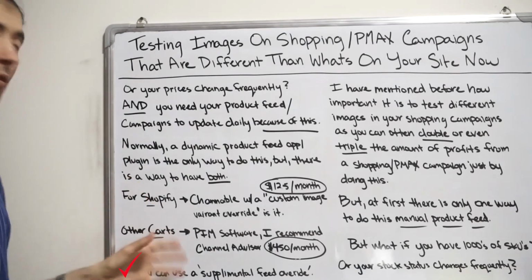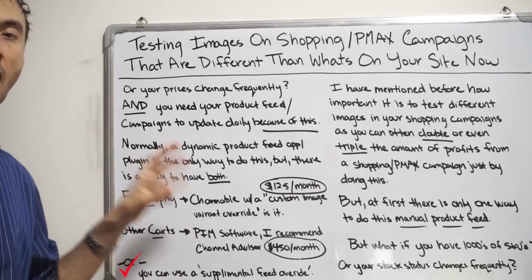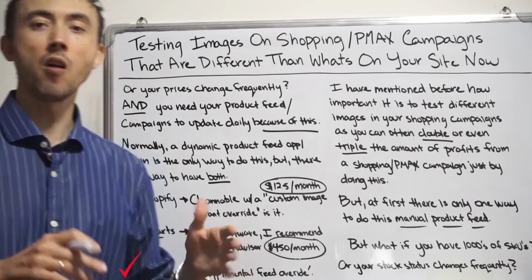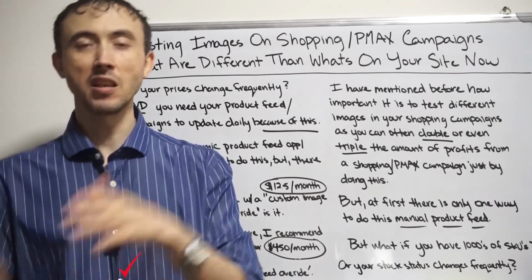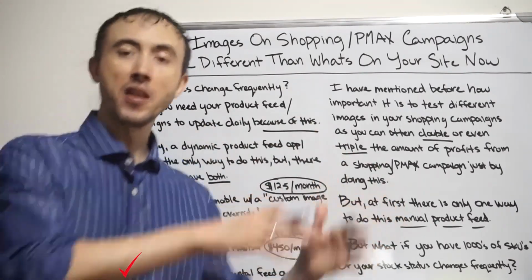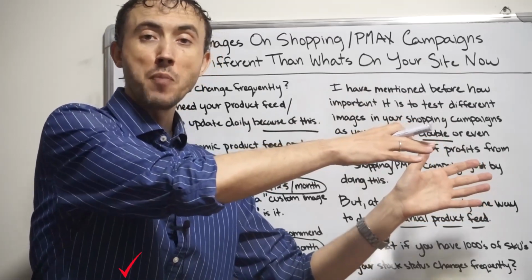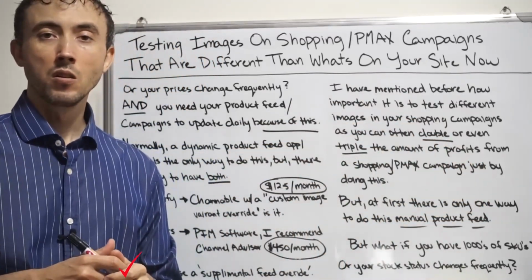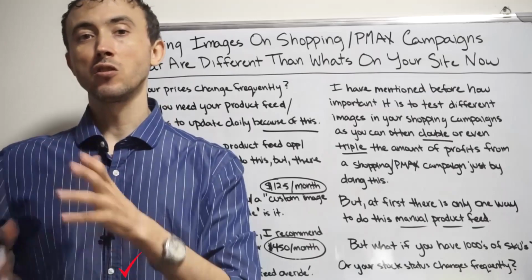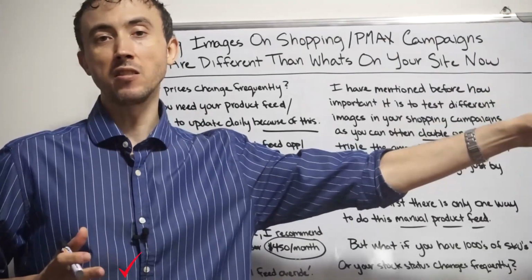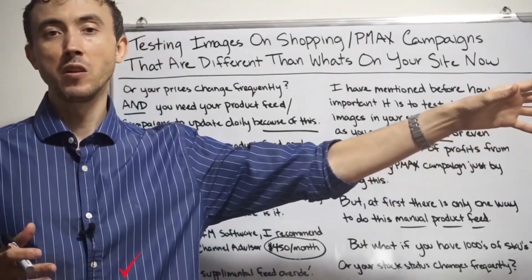So with all that said, that's pretty much how all of the products on your site get sent to Google Merchant Center and then onto your Google Shopping campaigns. And when you make changes to your products on your site, it automatically gets updated to Google in real time.